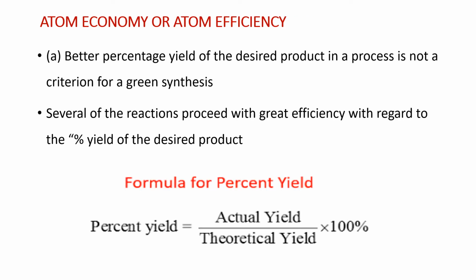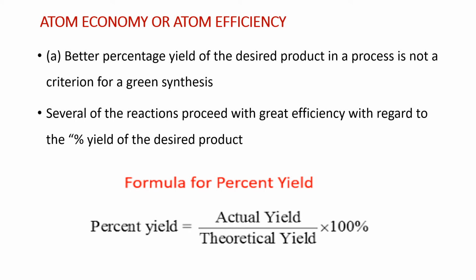The second principle of green chemistry is atom economy or atom efficiency. Better percentage yield of the desired product in a process is not a criterion for a green synthesis. We know several reactions proceed with great efficiency with regard to the percent yield of the desired product. Then how to calculate the percent yield?